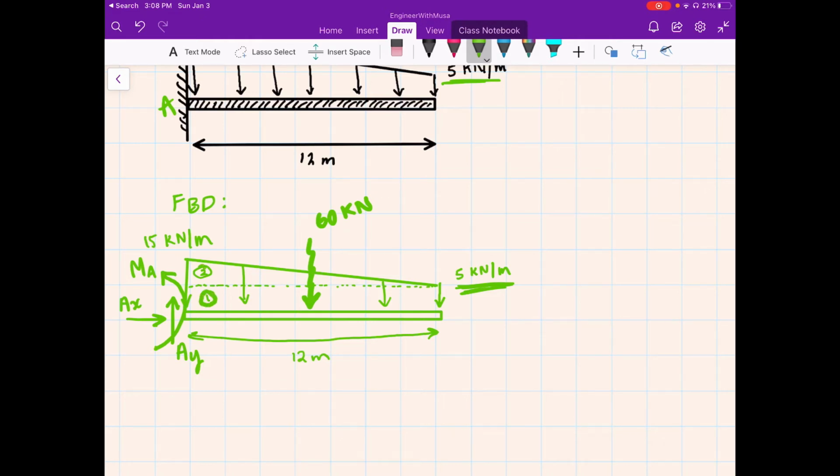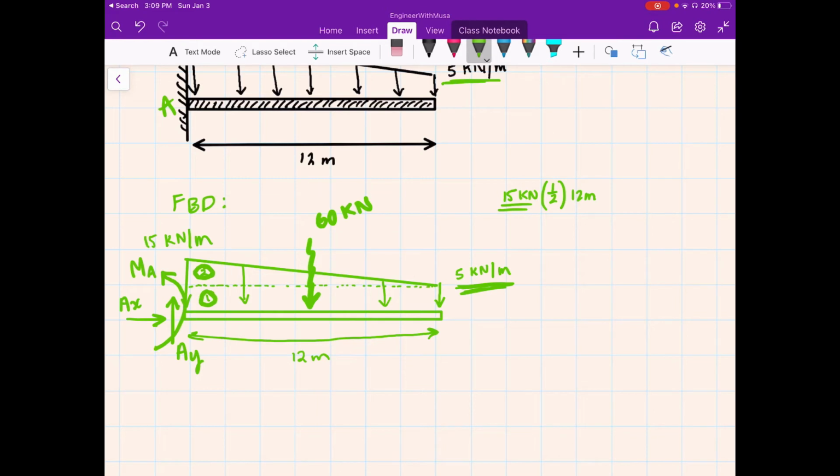And for number 2, it's going to equal 15 kilonewton per meter times the shape of the triangle, which is 1/2, base, which is 12 meters, times the height, which is 15.